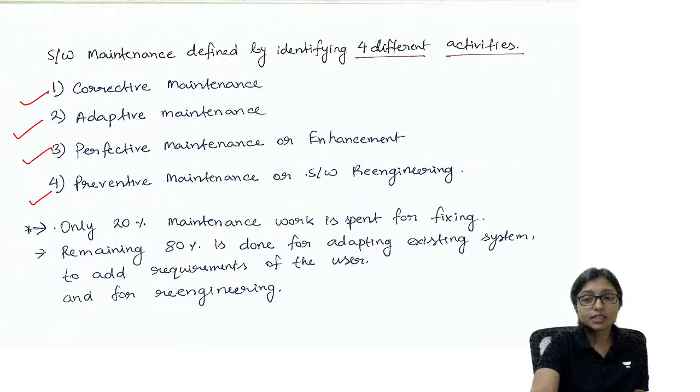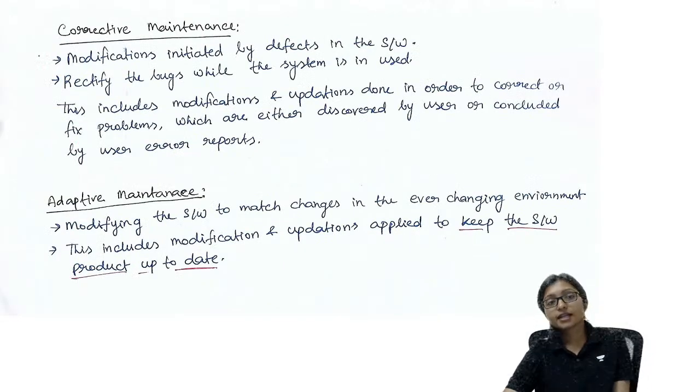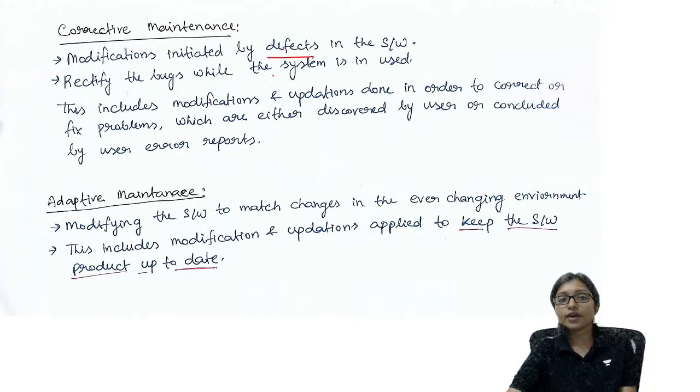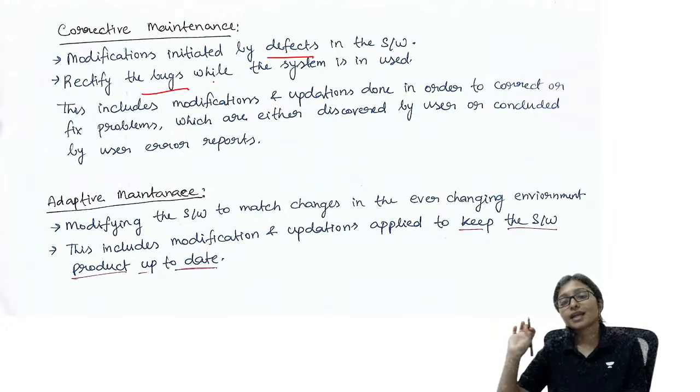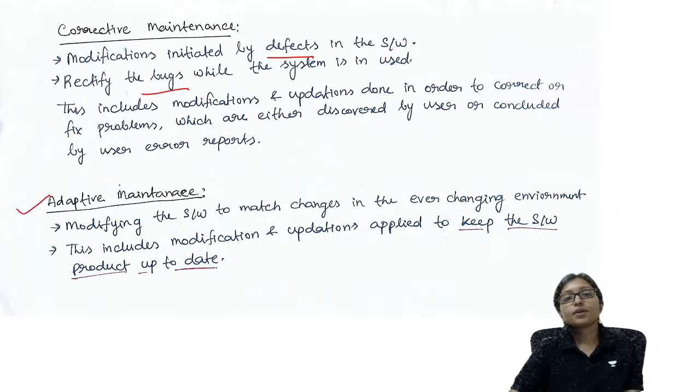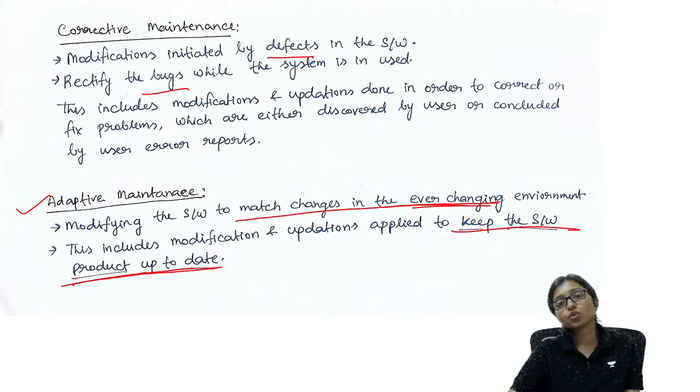Corrective means correction, focusing on defects and bugs. Adaptive means keeping the software up to date with the changing environment.